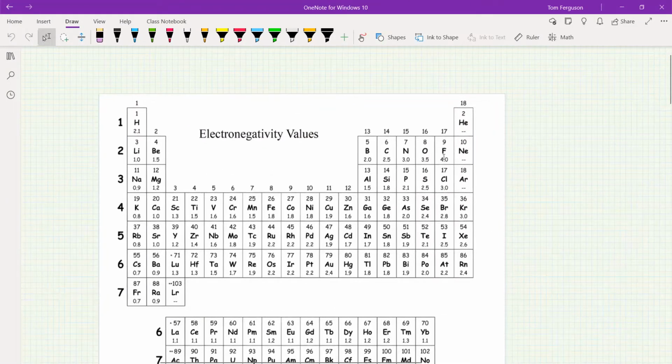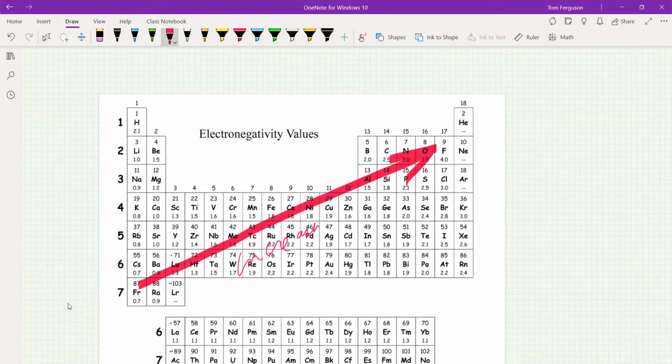You can see that fluorine has a 4, relative to, say, cesium down here, at 0.7 versus 0.4. So fluorine at 4 is a much stronger electronegative atom than things down here. So we have a trend for increasing electronegativity.